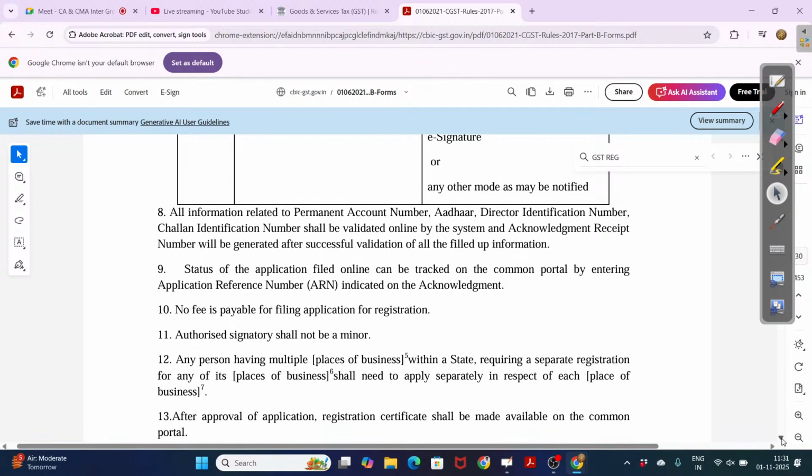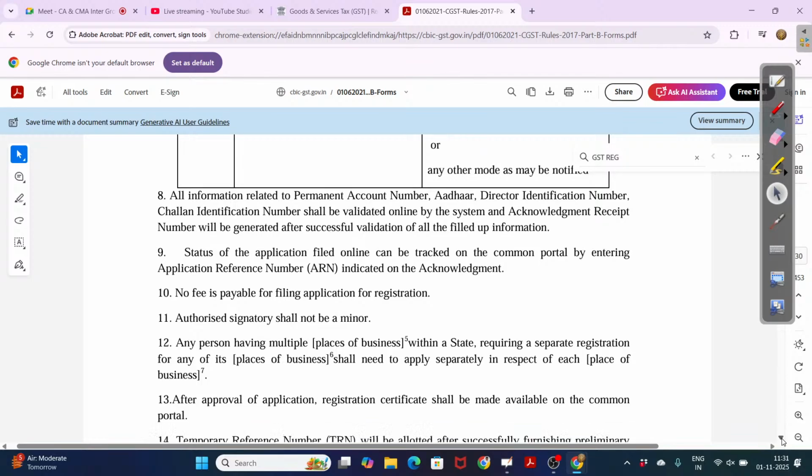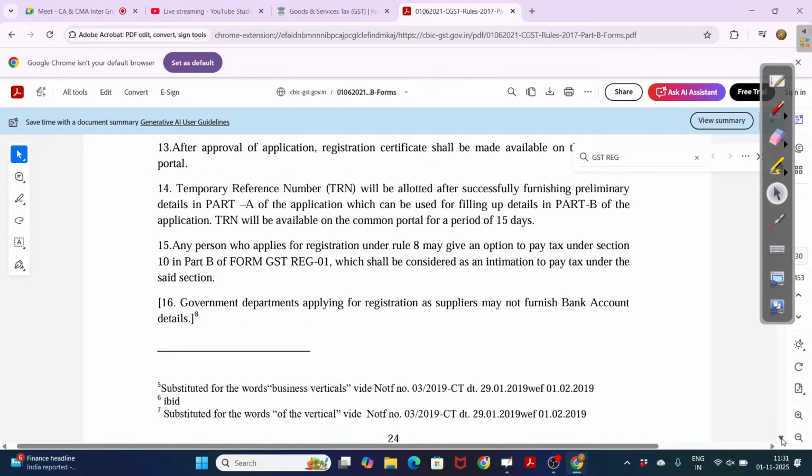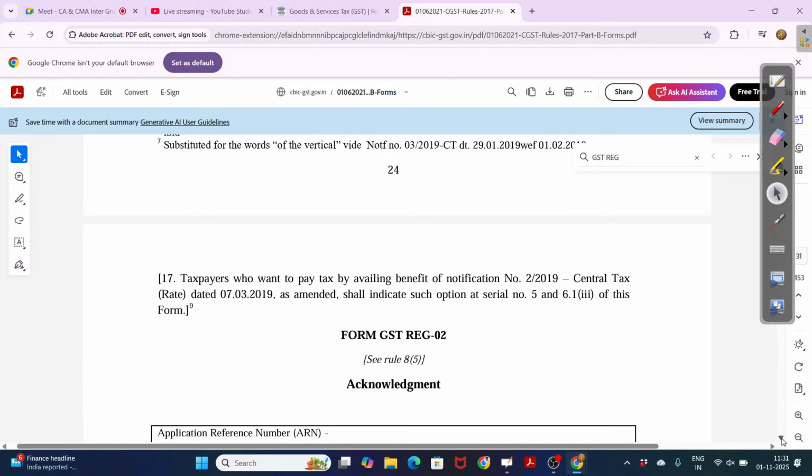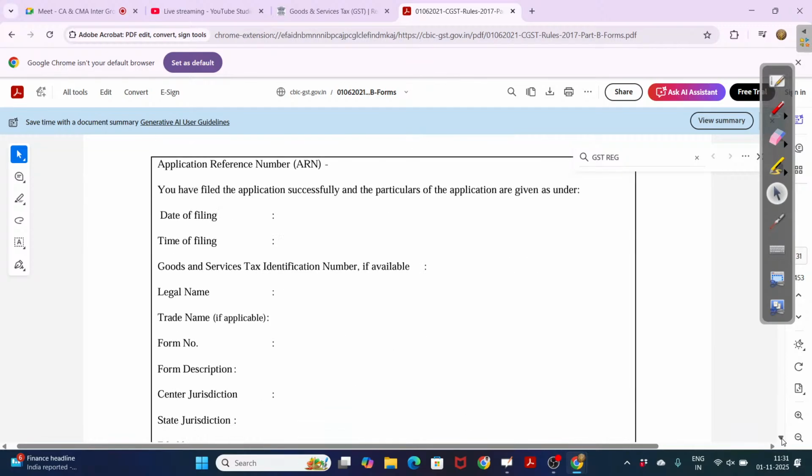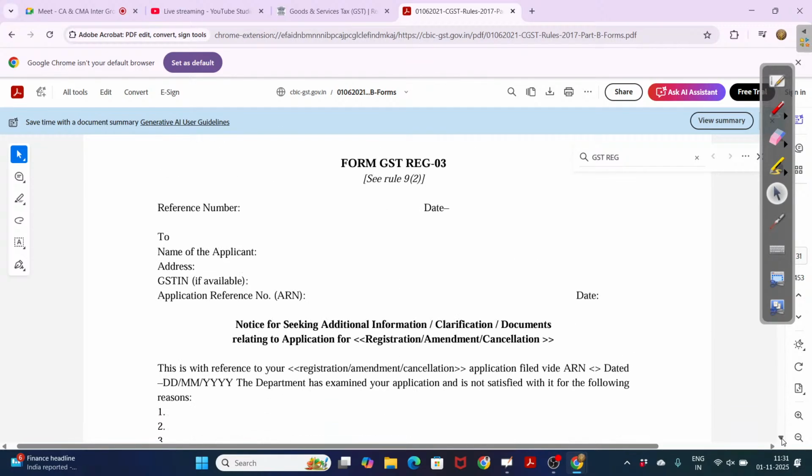REG-2 is the acknowledgement form. You will get the acknowledgement in your registered email as well as phone number.